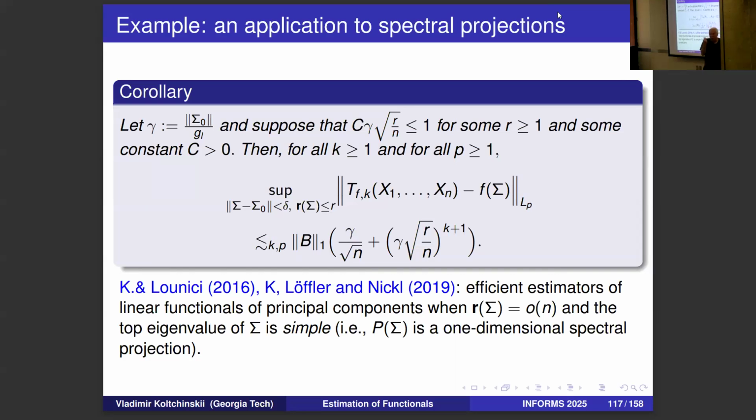You can also think about the situation in this context when R is comparable with n, when R over n is some number less than 1. But then, in order to kill this term and have 1 over square root of n size of error, you will be forced to choose k large, and this is not that innocent as it might look, because of this simple notation and the inequality, and this constant is large.